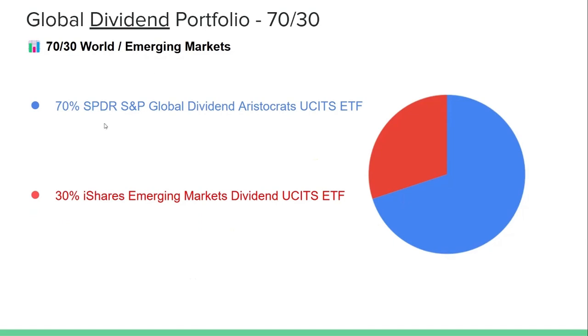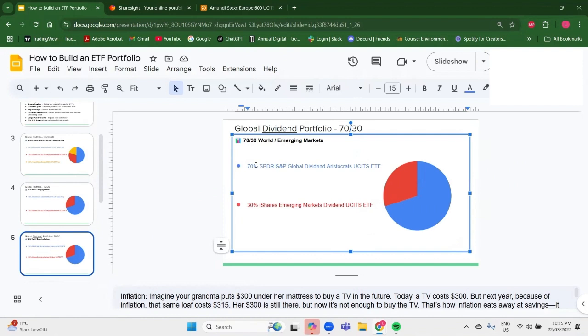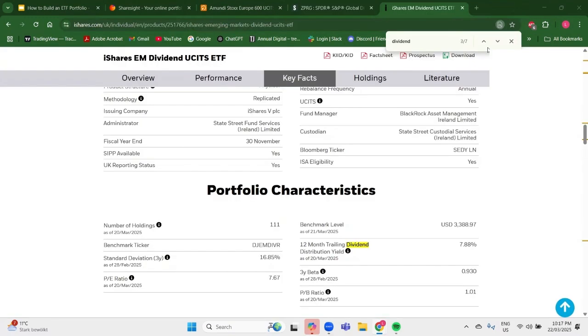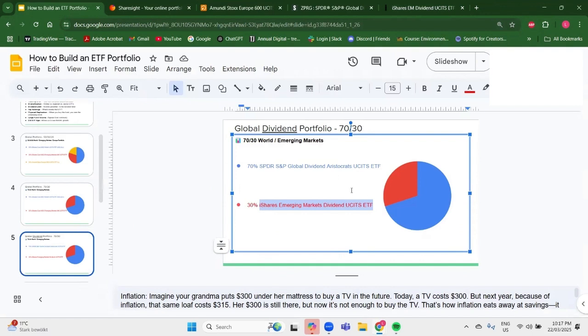There's the dividend ETFs. These ones pay dividends out. If you want to have some income on the side, if we have a Google of this one. Okay, so the dividend is 7.88% for the emerging market one, and about 5.4% for the global one.